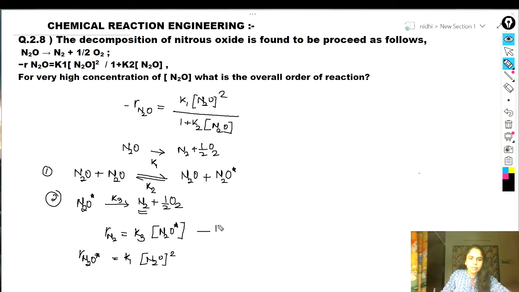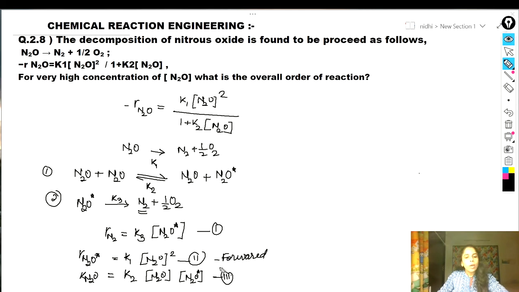Let's take this as the first reaction, for the forward reaction. And this one is for the backward reaction, k2 [N2O][N2O*]. Let's take this as the third reaction.